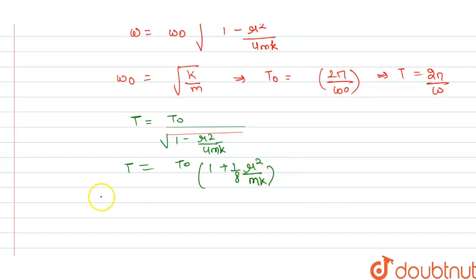So we can write T minus T0 divided by T equals 1 by 8 into r square divided by m into k, mass into spring constant.